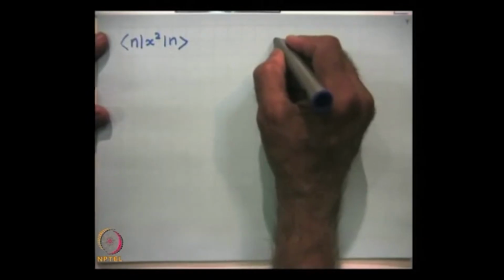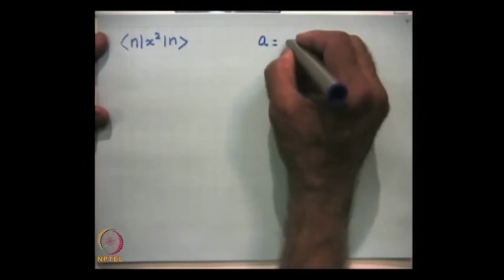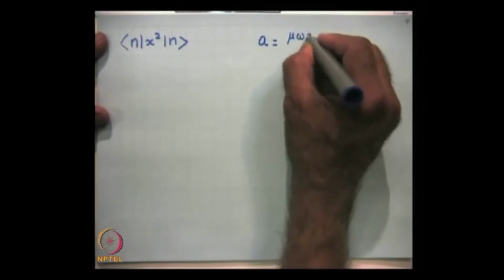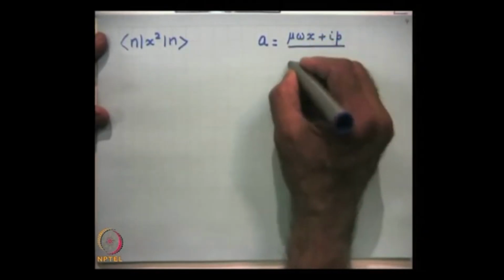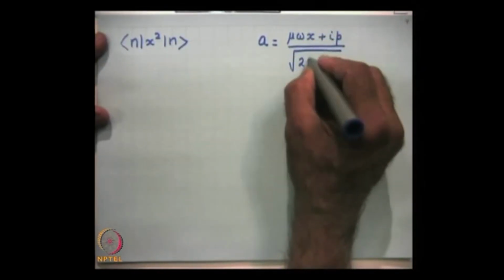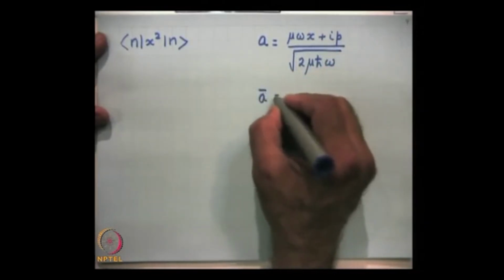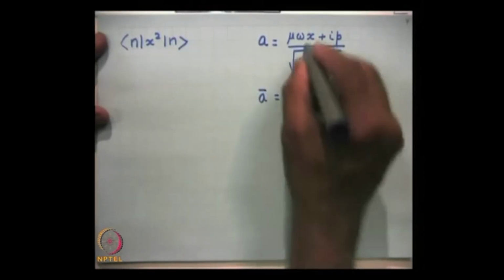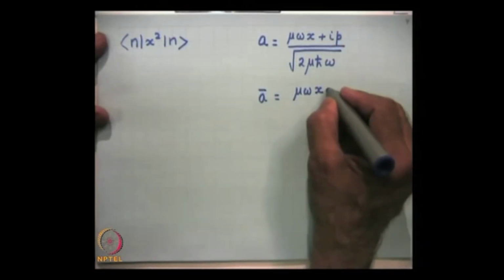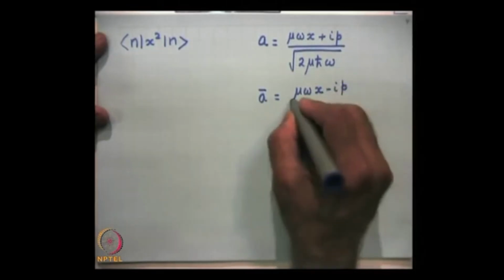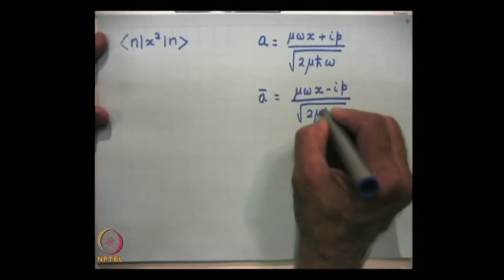If you remember, we had introduced in the linear harmonic oscillator problem two operators, A is equal to mu omega x plus I p divided by under root of 2 mu h cross omega, and A bar is x minus I p divided by under root of 2 mu h cross omega, where x is a real operator.